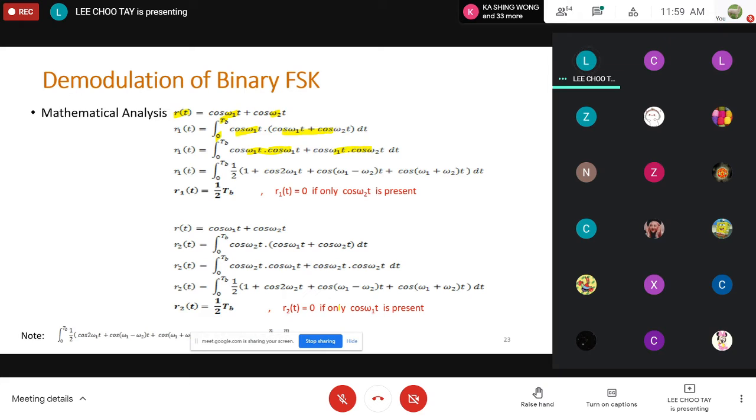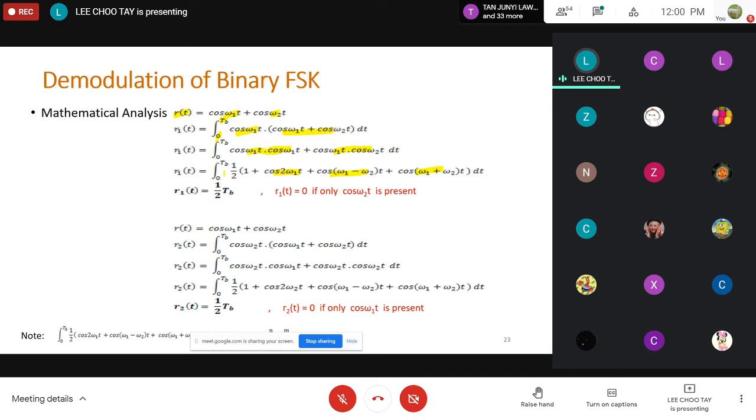If I convert this using a trigonometric identity, then I have half of (1 plus cos 2 omega 1t), because this is cos square omega 1t. Then this other term will give me two sidebands, split into two different frequencies, which are omega 1 minus omega 2 and omega 1 plus omega 2.